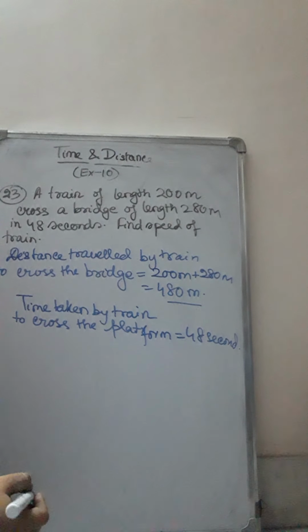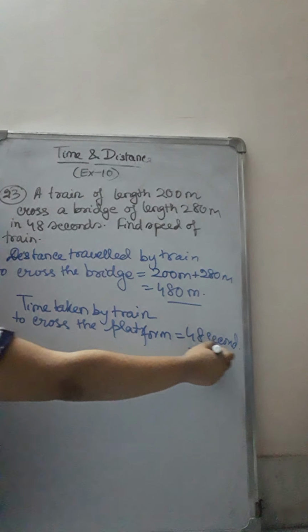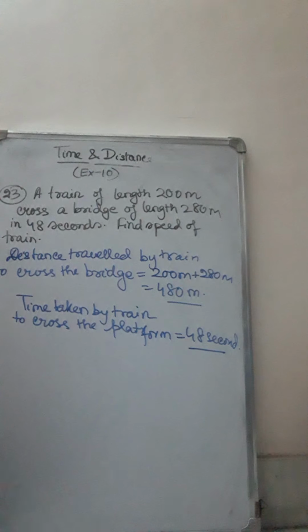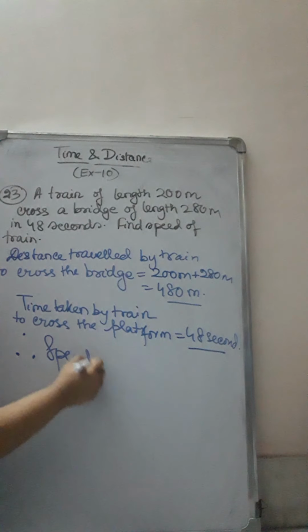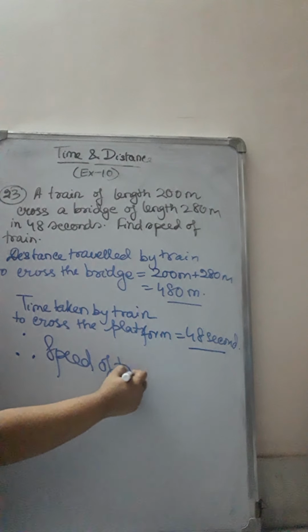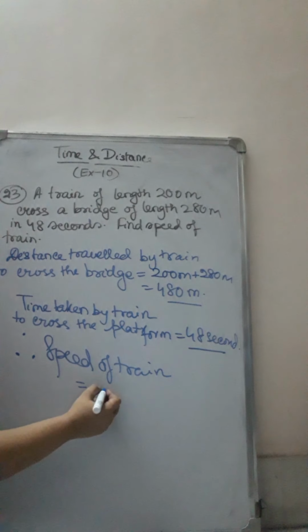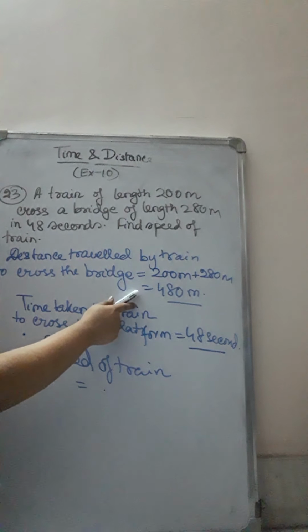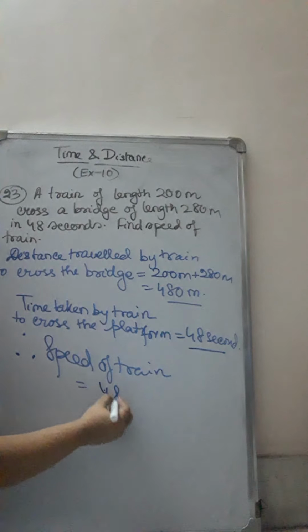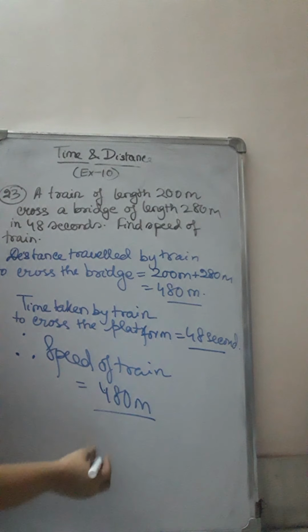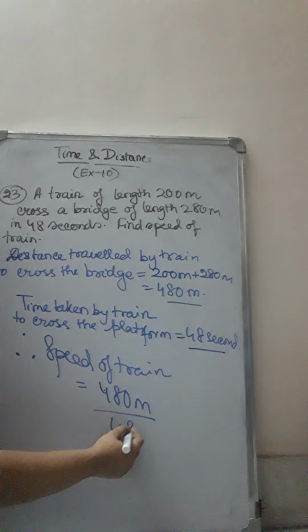Distance is measured in meters, time in seconds. Both are in lower units, no need to change. Therefore, we need to find out with what speed the train was moving. Speed is equal to distance by time. So the distance to cross the bridge, 480, goes on top, by time, 48 seconds.